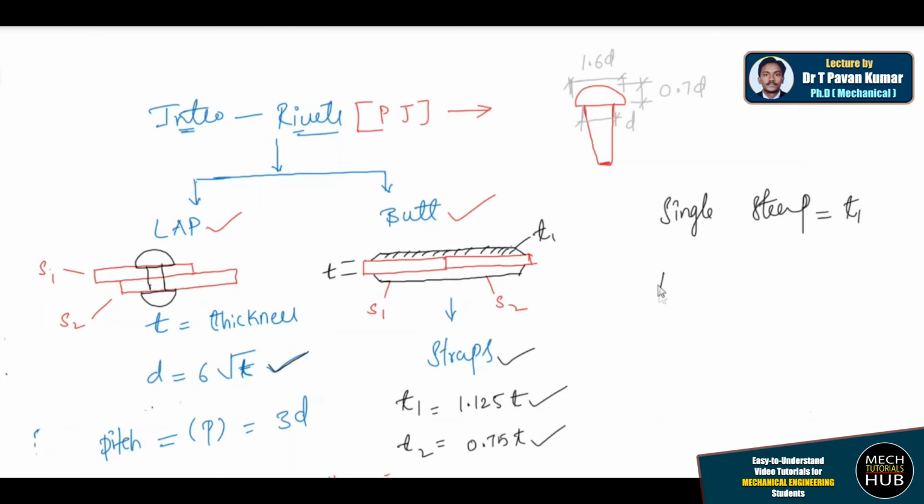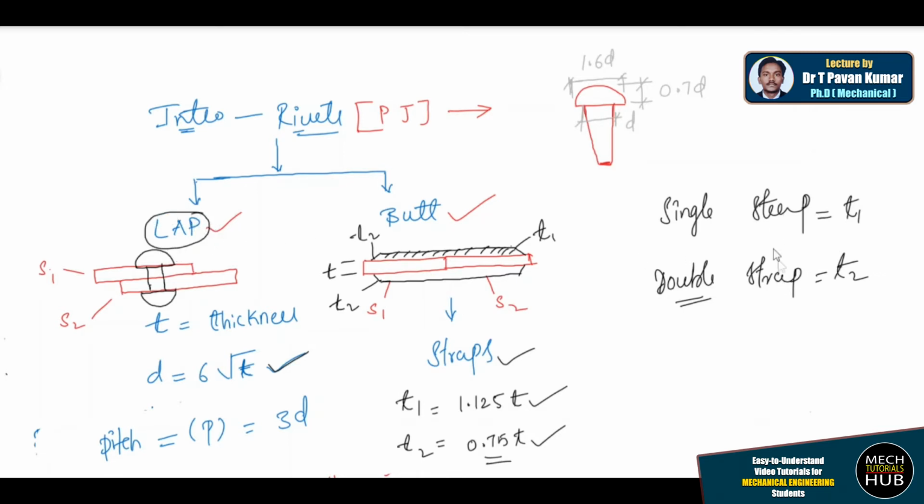If it is a double strap, then you are supposed to use T2 on both sides. This should be T2, and this should also be T2. You have to consider T2 equal to 0.75 T for both straps if it is a double strap. If it is a single strap, then T1 is enough. I hope you understood. And this T1, T2 discussion will not be there in the case of a lap joint.